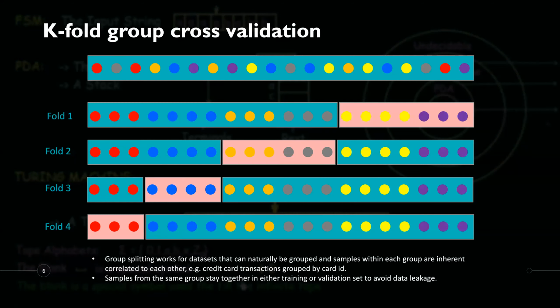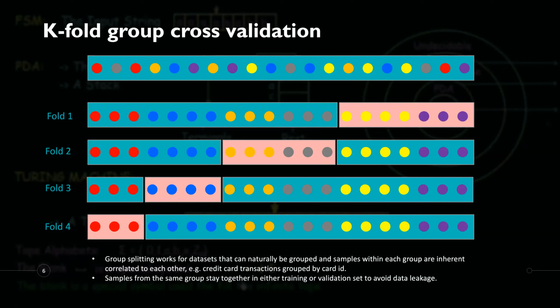Another interesting one is called k-fold group cross-validation. It looks a little bit similar to the previous one, stratified cross-validation. But for stratified cross-validation, we are leveraging the target variable for sampling. Here for group cross-validation, we are not using the target variable for data sampling.